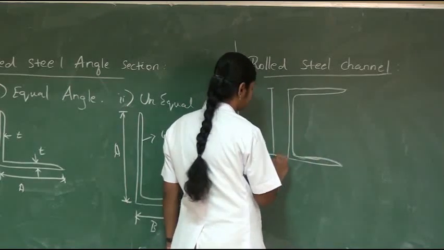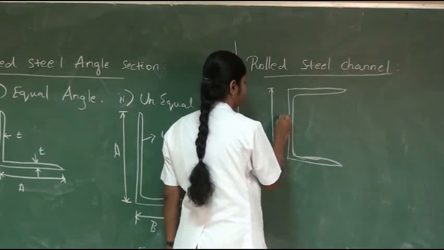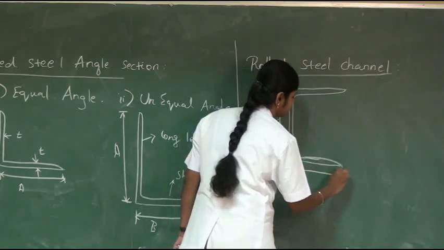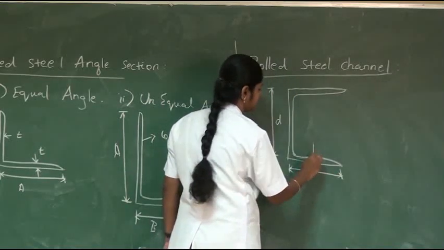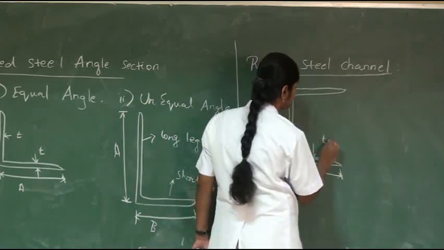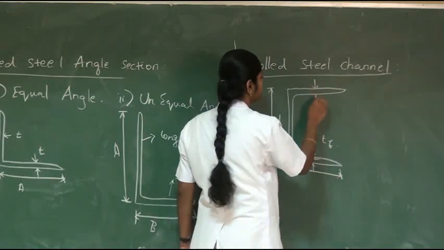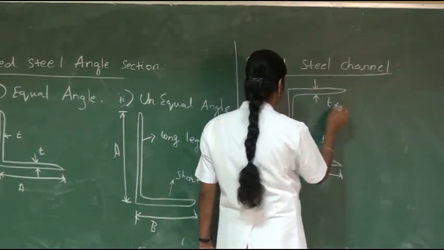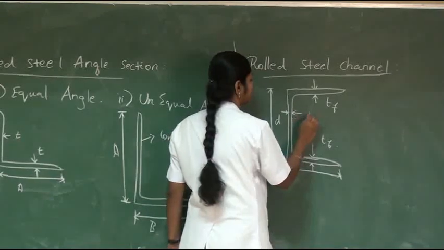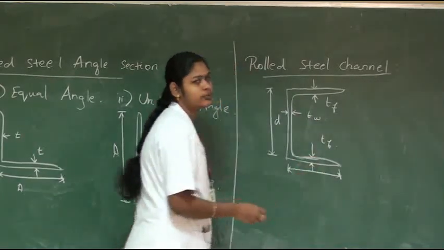This is the depth here. This is the breadth. This is the thickness of the flange. Here also it is the thickness of the flange, denoted by TF. This is the web portion denoted as TW.